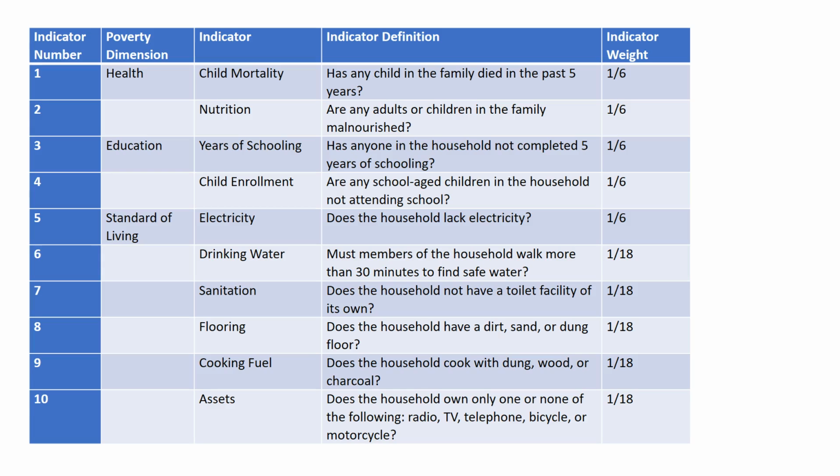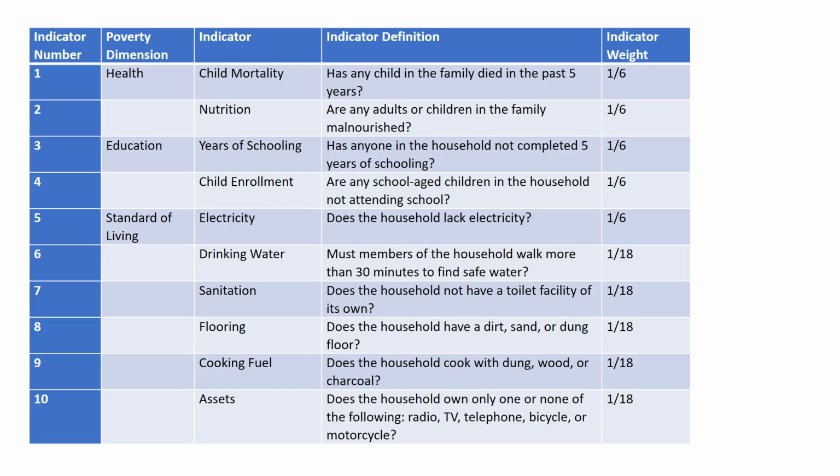So this is how it looks. We have our dimensions of deprivation: health, education, and standard of living. We have the various indicators for each of these dimensions, as mentioned earlier, a total of 10 indicators. And this is how they're defined. For example, the years of schooling in row 3: has anyone in the household not completed 5 years of schooling?